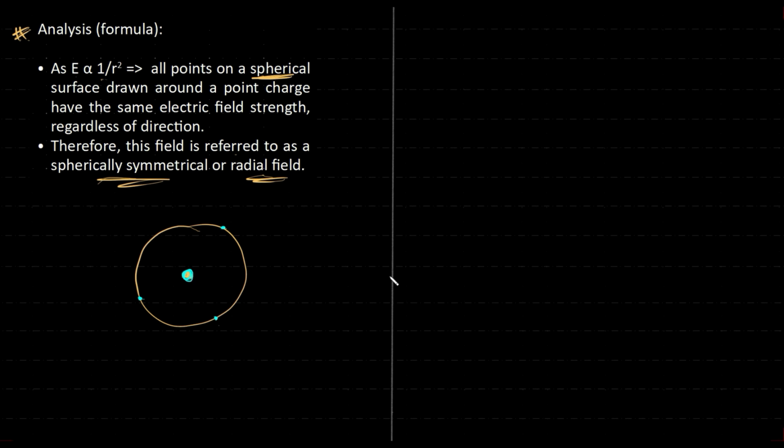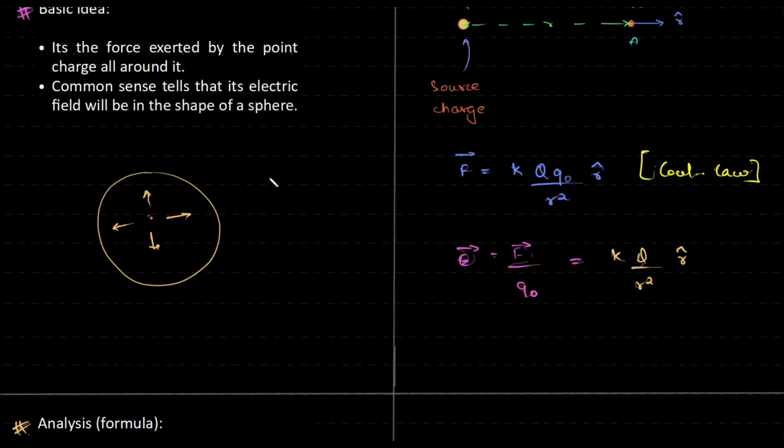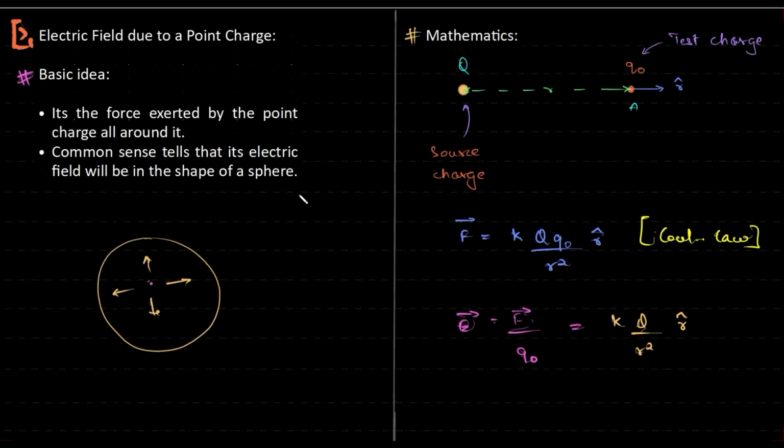So by default, the strength has to be the same. Direction is different. And because of this, we can tell that a point charge creates a spherically symmetrical electrical field, also called a radial field. Right, guys? I hope you guys are able to link.